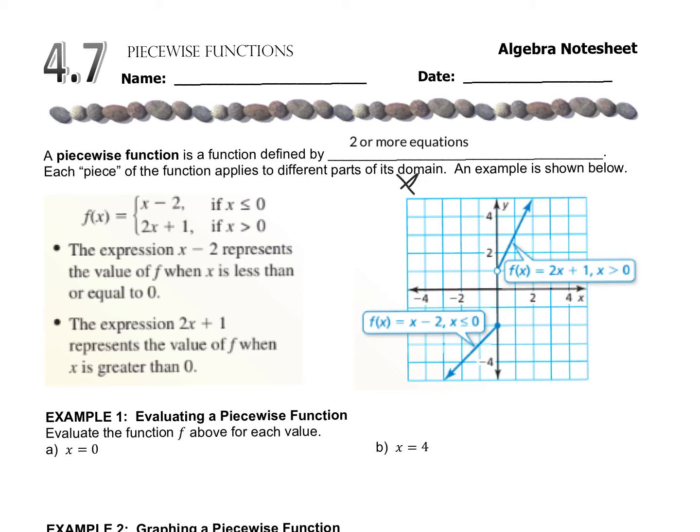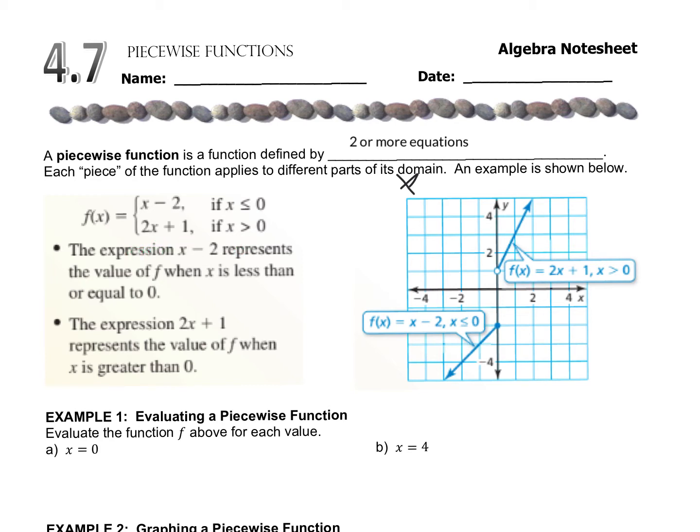So the thing about this function is this top one, x minus 2, is only active when our x's are less than or equal to 0. Once we go above 0, or greater than 0, this is what our function looks like.